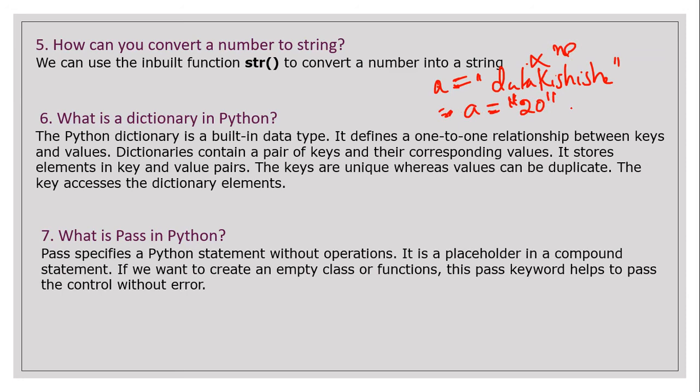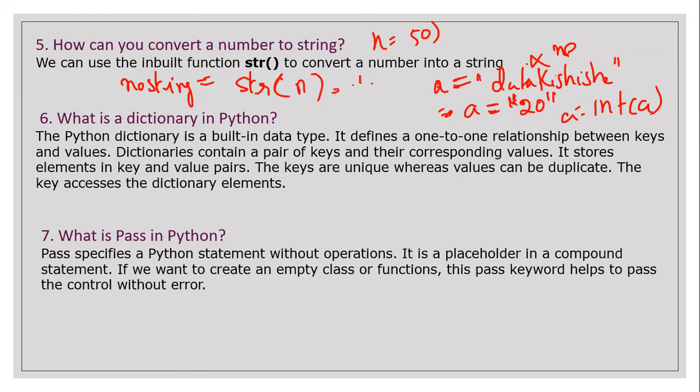So if I have to convert it to a number, I will just pass it like this, a is equal to int(a). In the same way, if I have to convert a number to string, I'll say number string is my variable, and the str function, and I will just write whichever number. Suppose I have n is equal to 50, I'll pass n, and this will result in '50'. Okay, so now it has been converted to string, and that's why it is within quotes.